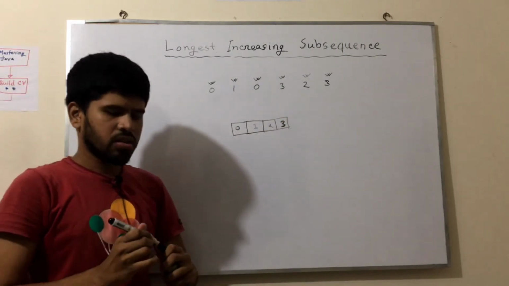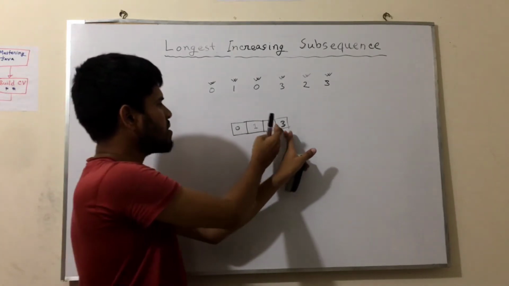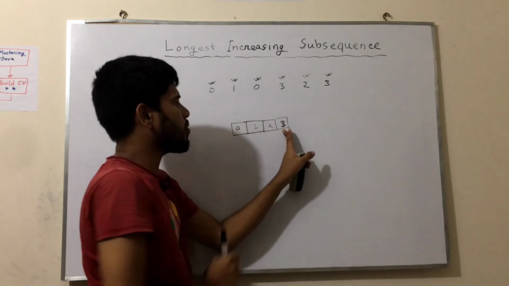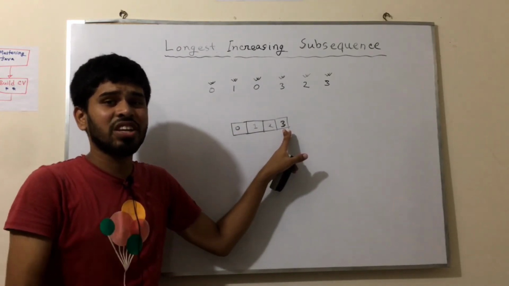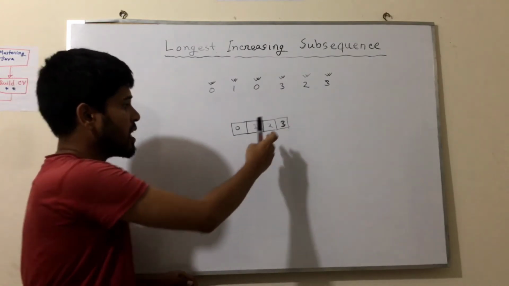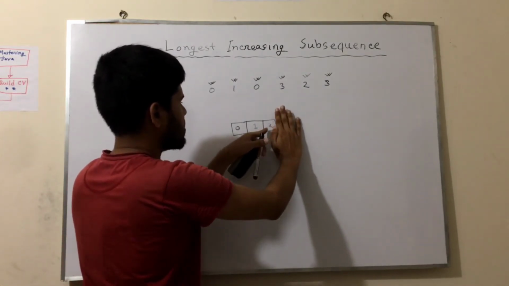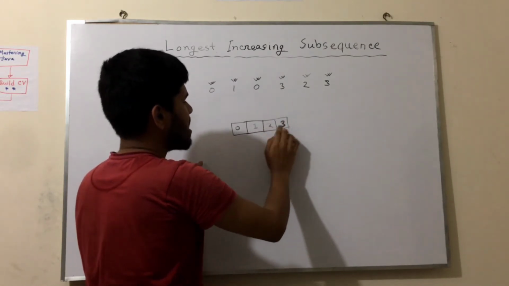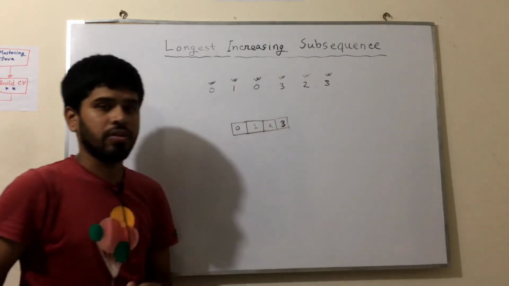Now we are done. This 3 tells us we have on the left elements less than 3, maintaining the relative order. On the left of 3 we have these 3 elements. These 3 elements are maintaining the relative order, and these elements are less than 3.